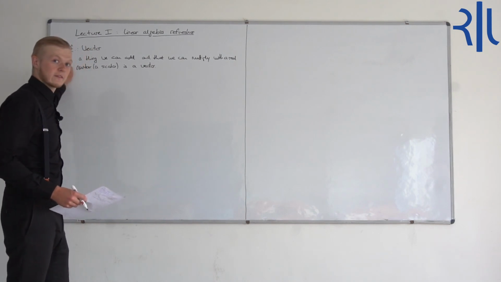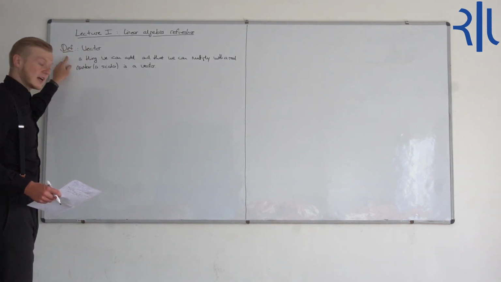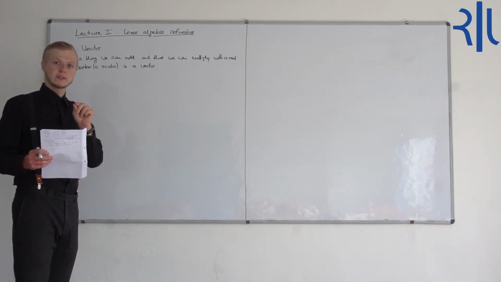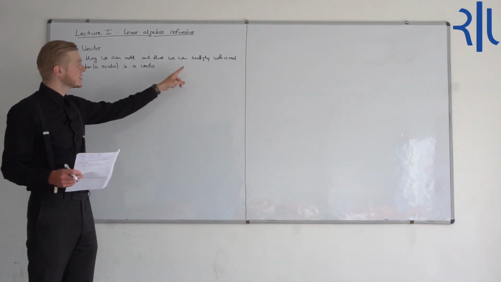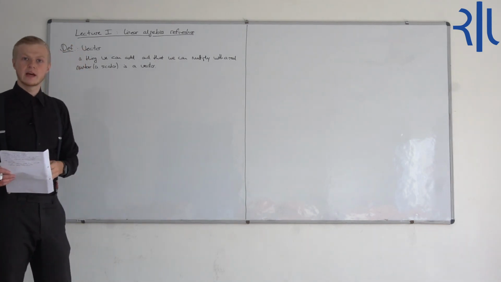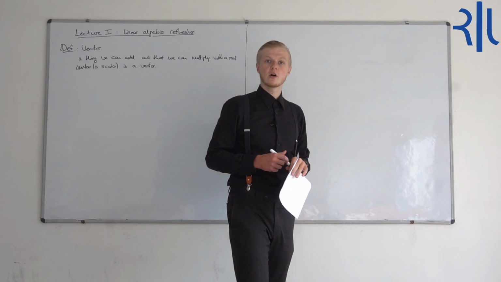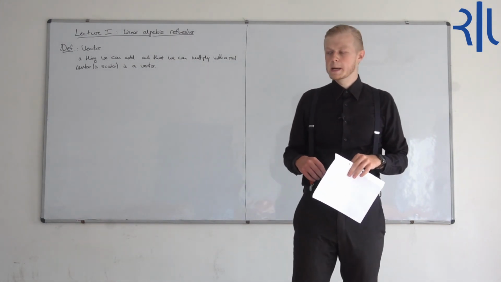We define a vector as a thing that we can add. So we can add two vectors with each other, and we can multiply it with a real number. And in the context of vectors, we call the real number usually a scalar.